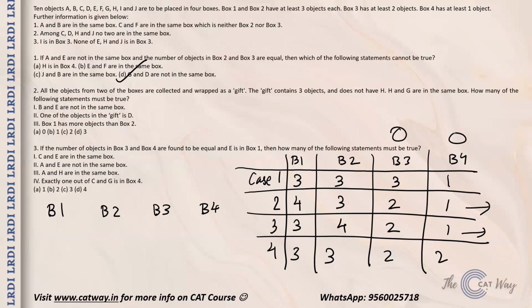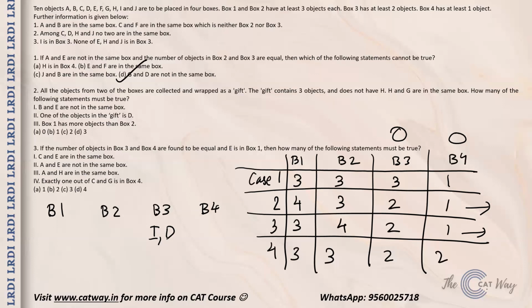Now when we are talking about this one, what we know is that I will definitely go over here, right? And since we have already seen that H, J and C cannot be in box 3, the only possibility is D for coming into box 3, right? So two objects of box 3 are fulfilled, right?